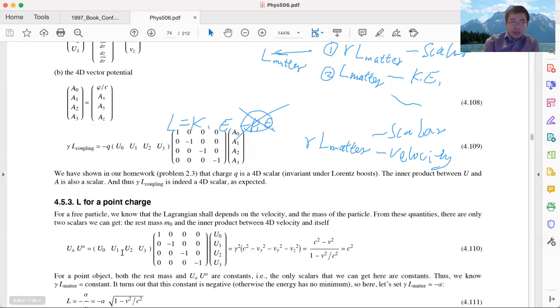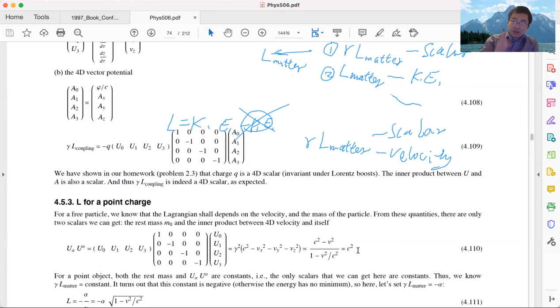If we do the inner product for this velocity, we already did this calculation early on, and here are some details you can follow. Just by definition, when we calculate this inner product, it's this expression. After we cancel all the common factors between numerator and denominator, this inner product is the speed of light squared. There's only one scalar we can build, and it is a constant.